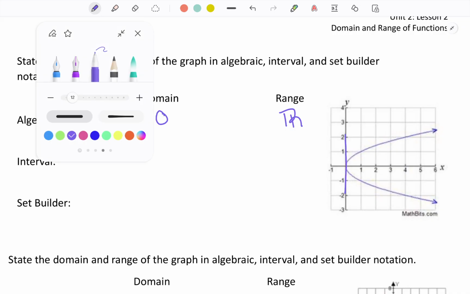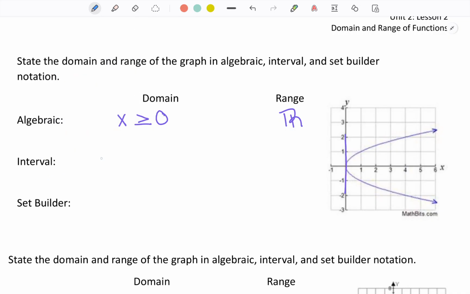So our interval for our domain, we are going to have a bracket on our 0, and then we can go to the right forever. So that is going to be infinity with a parenthesis. And then for our interval on our range, that is going to be negative infinity to positive infinity.